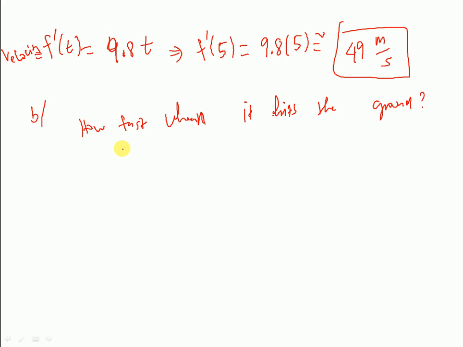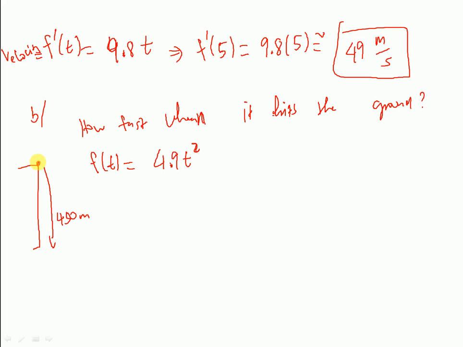But we need to figure out a way to get the time, after how many seconds after we drop the ball, it hits the ground. We know that we have the position function f of t equal 4.9 t squared, right? This is your position function. Remember, the tower, the whole thing is 450 meters.